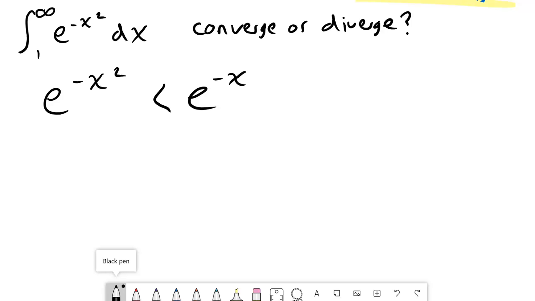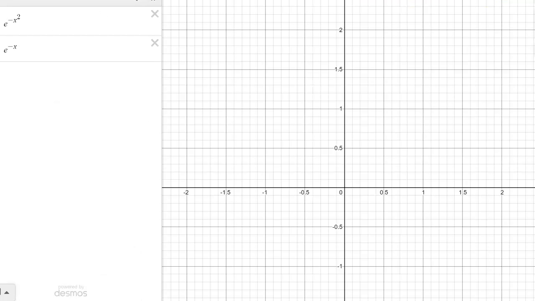We're going to look at a graph of these two and see why this function is always going to be bigger. So we hopped on to Desmos, and we're going to be looking at why e to the minus x is bigger than e to the minus x squared. Here's e to the minus x squared. It kind of looks like a normal distribution if you know some statistics, a bell curve in other words.